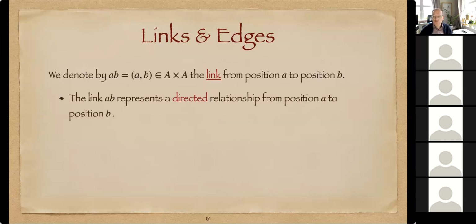So when I talk about trade, A is the seller, B is the buyer, and AB is the flow of the traded commodity.